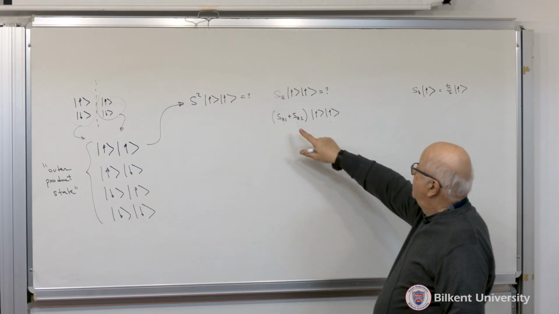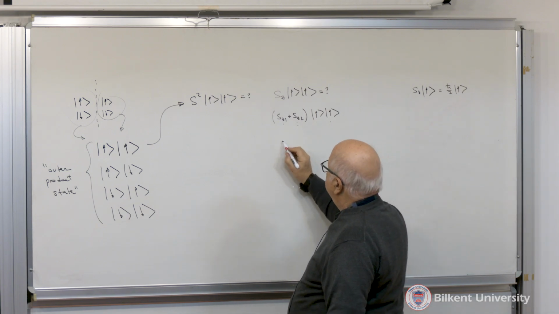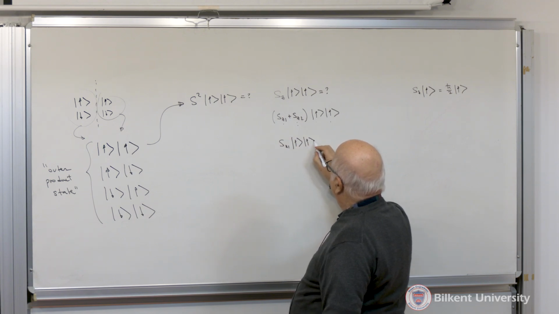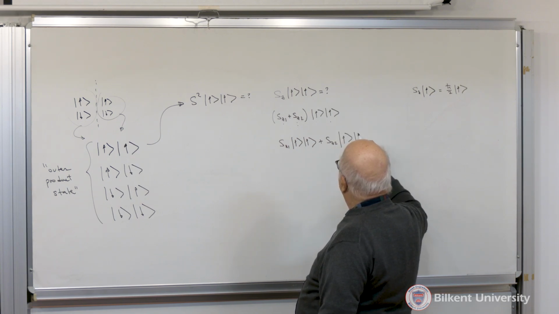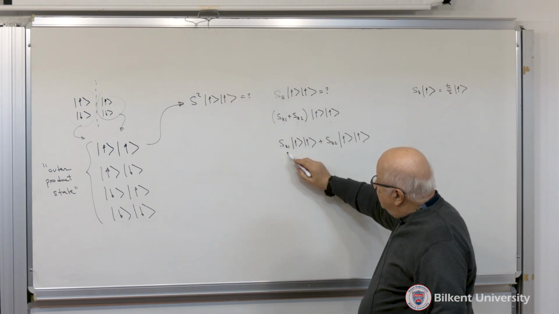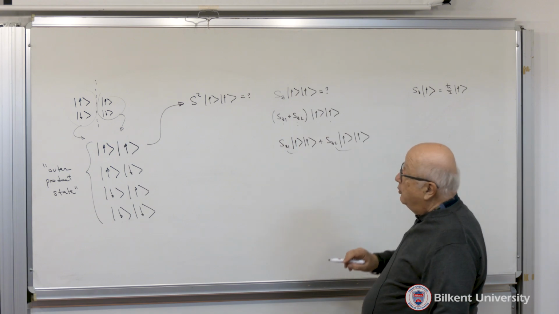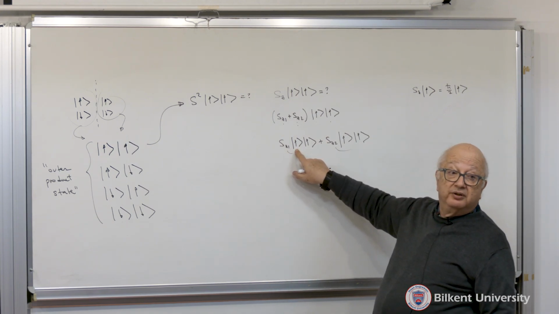So this operating on the first one, let me just do it slowly. S_z1 up plus S_z2 up. But this S_z1 operates only on the first, and S_z2 operates only on the second one. For the S_z1, the other thing is just like a constant.